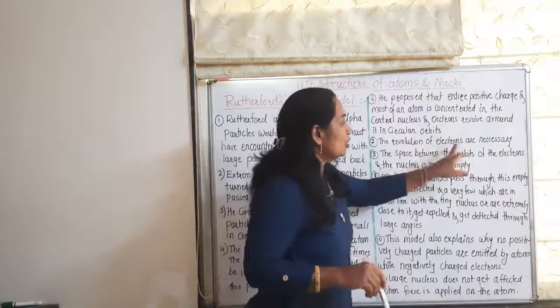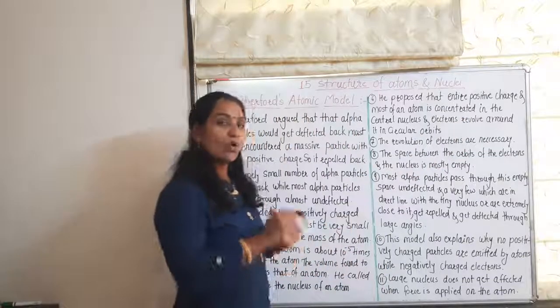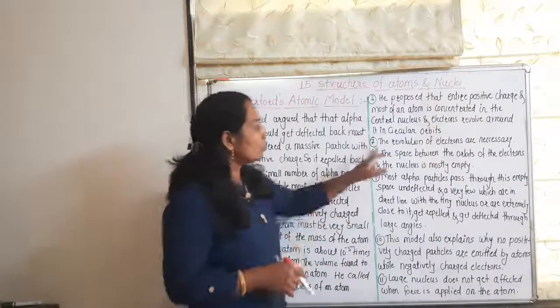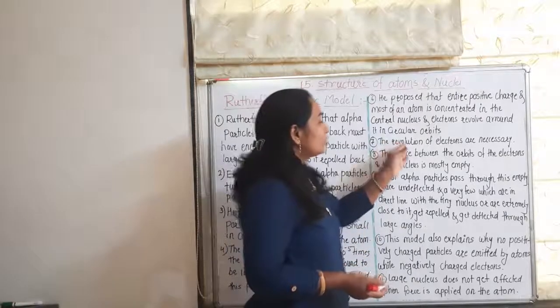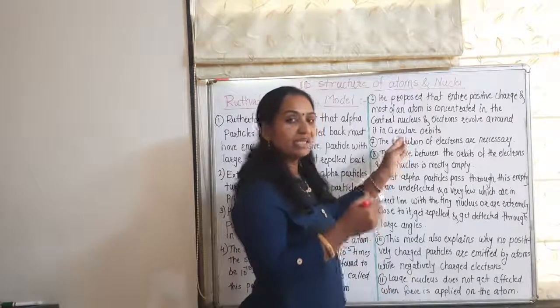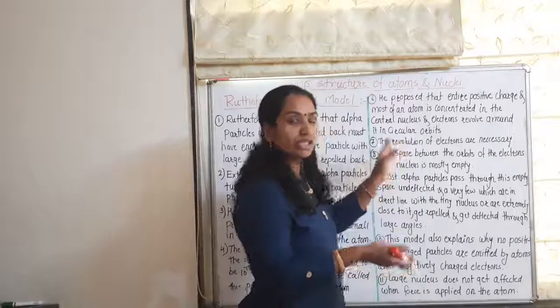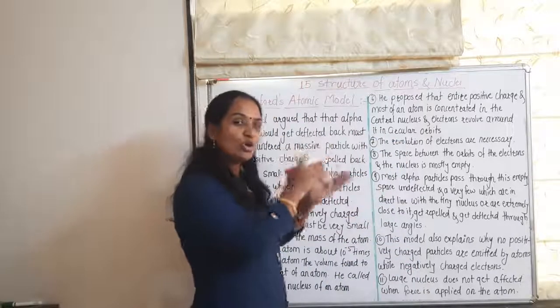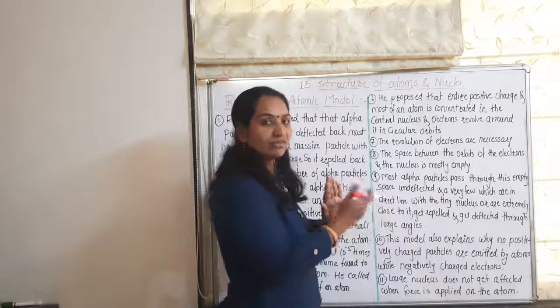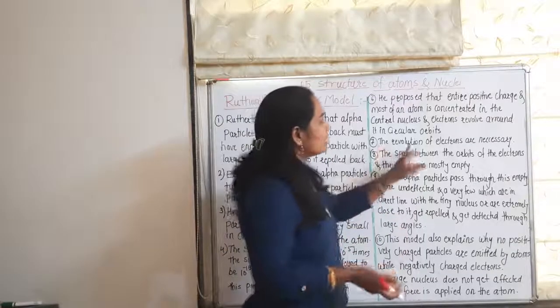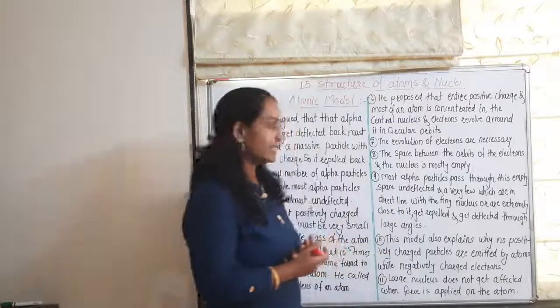The revolution of electrons is necessary because if they did not revolve, the electrons would fall onto the nucleus and the structure of the atom would collapse.